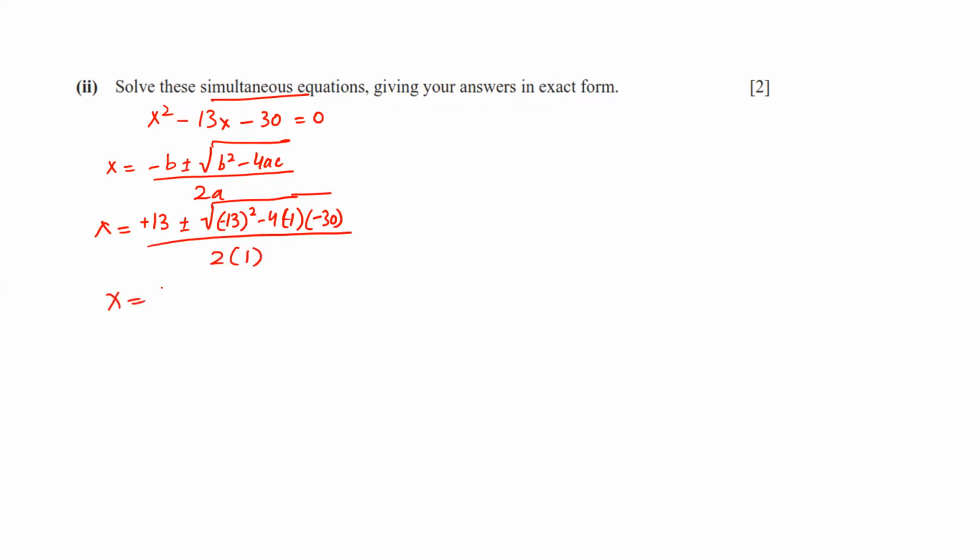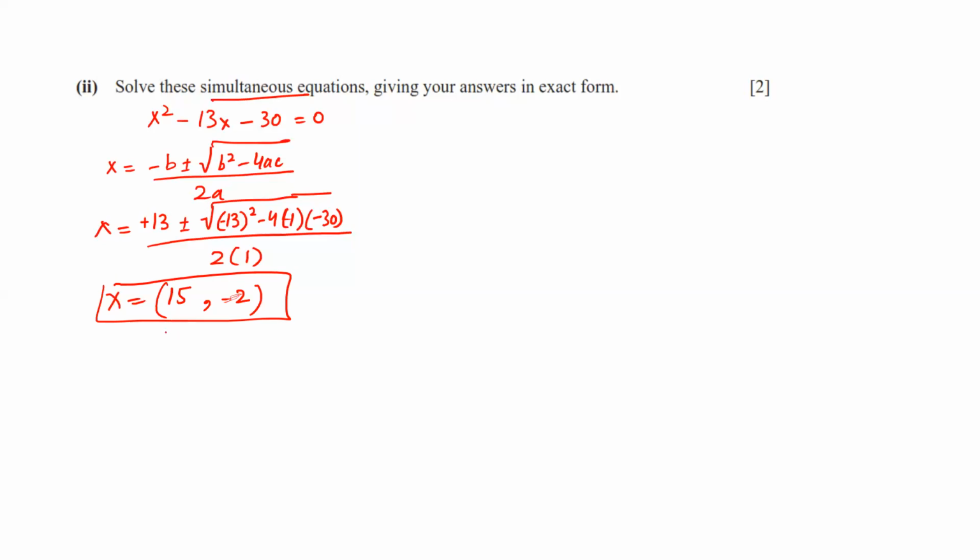The value of x comes out to be 15 and minus 2. Remember it's a quadratic equation, so there will be two values, 15 and minus 2. These will be the two values of x.